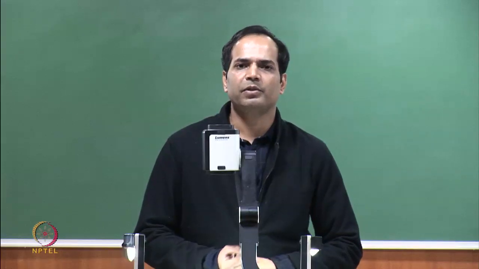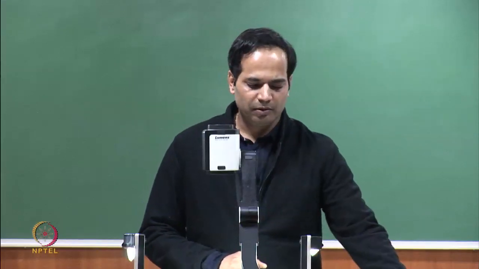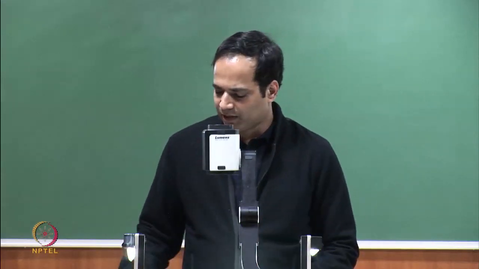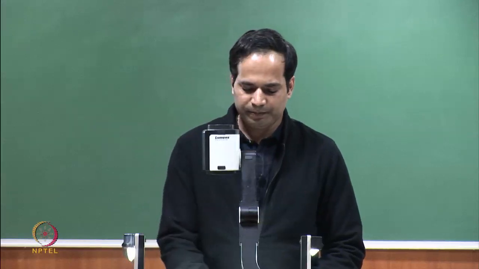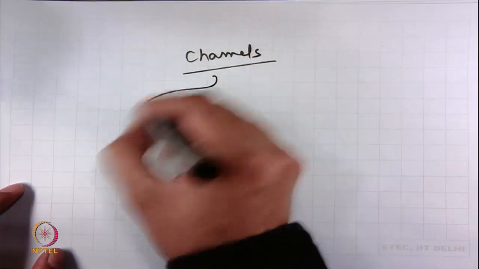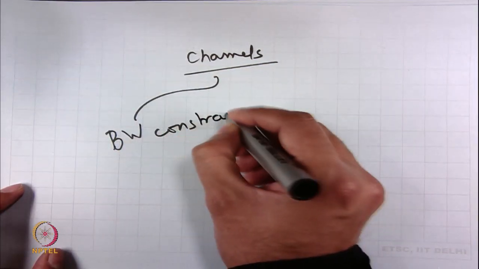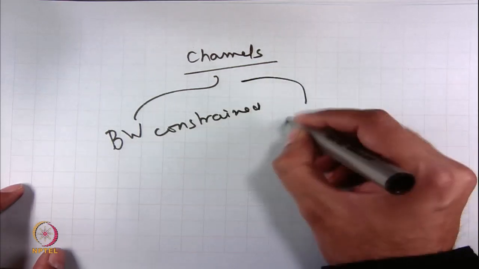Now, we have to move to the modulation schemes which will be more useful in power constrained channels. So, communication channels are basically of two kinds. Either they are bandwidth constrained or they are power constrained.